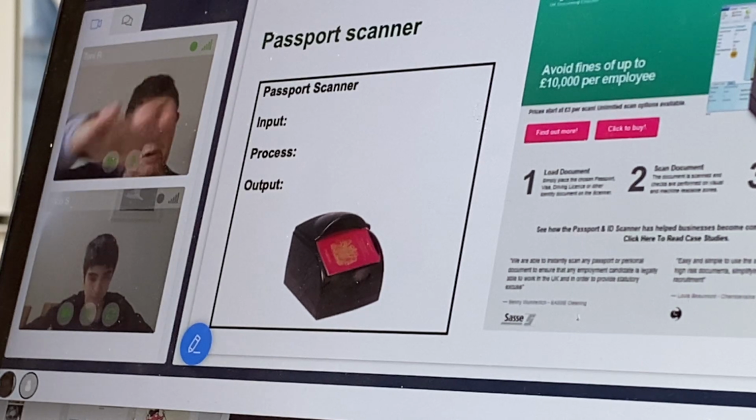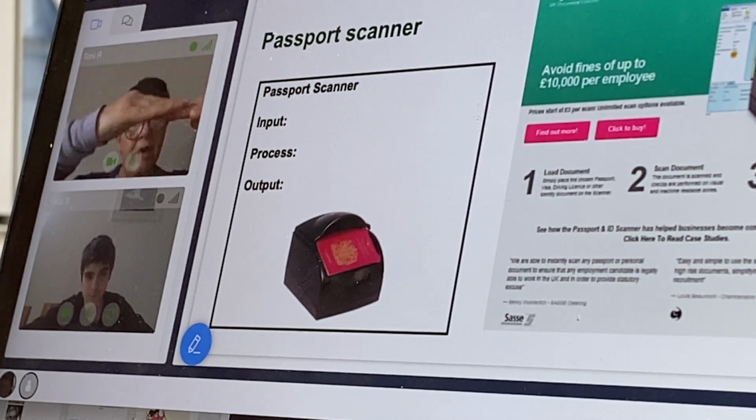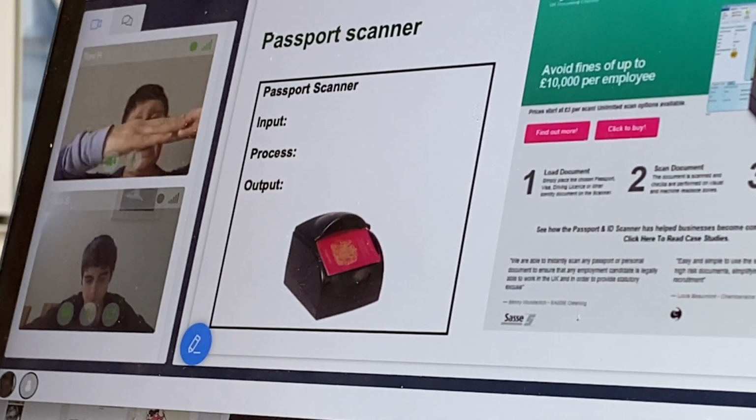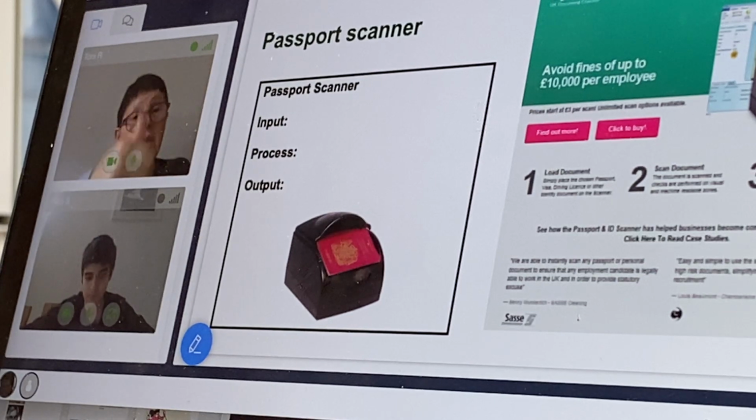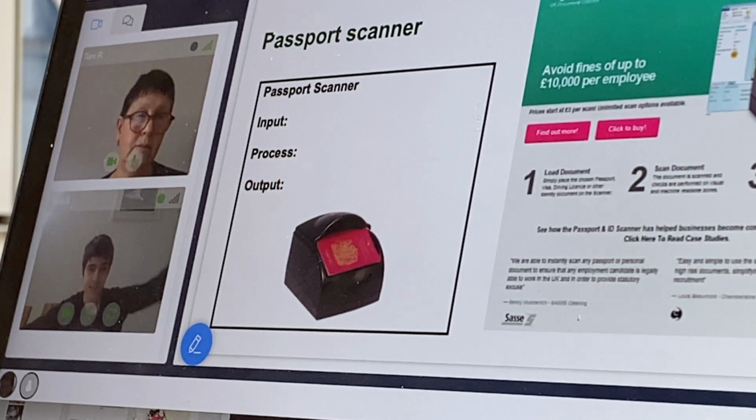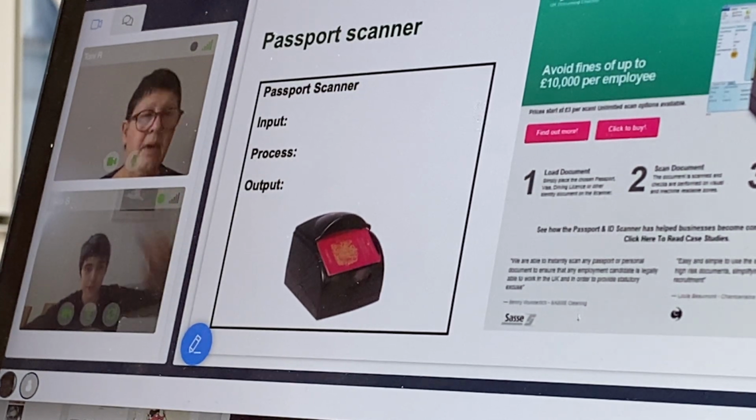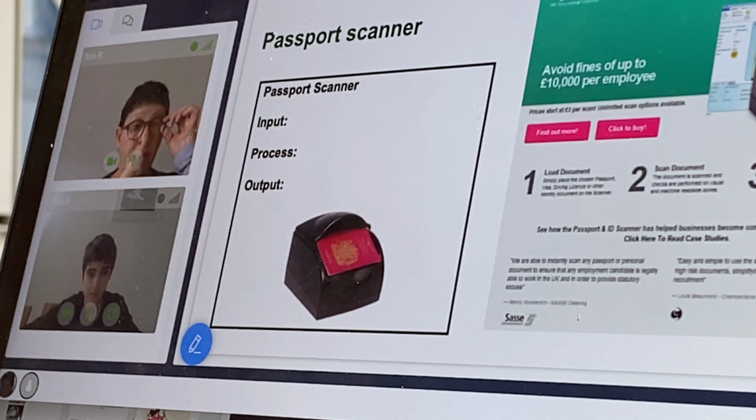So the person puts their passport down, it's read the barcode, it's matched up the barcode to say, yes, it's okay. What is the output then? The output is like the person's information. Yes, although they wouldn't actually show that, but they would display, yes, it's okay, you can come into the country. Does that make sense? Yeah.